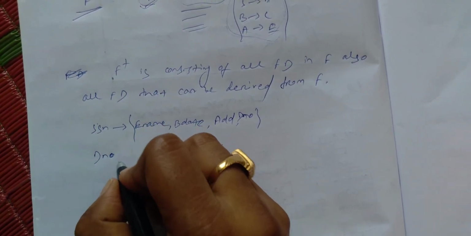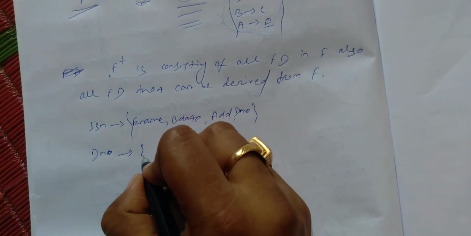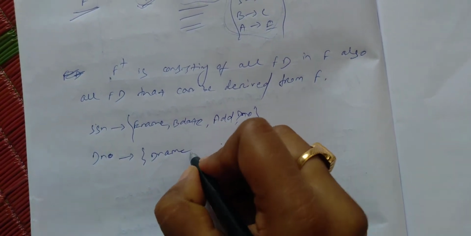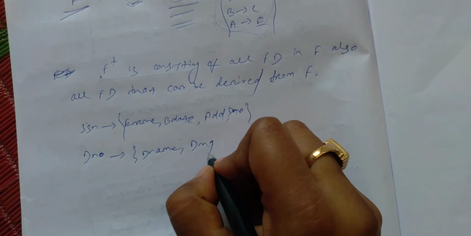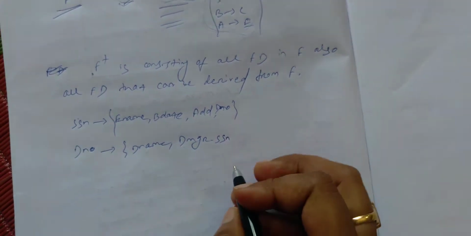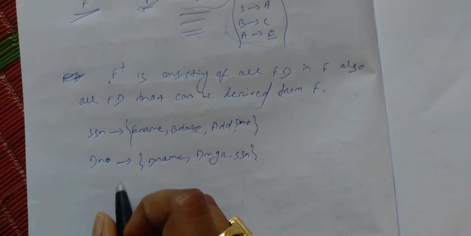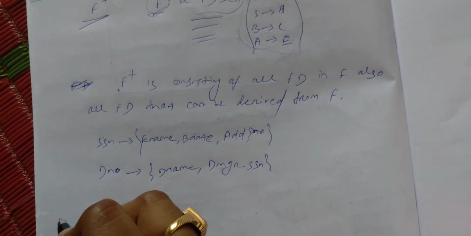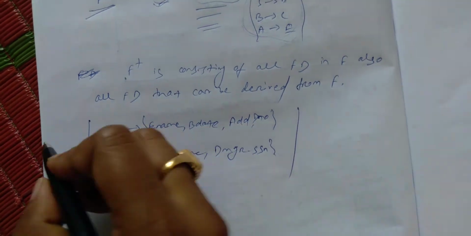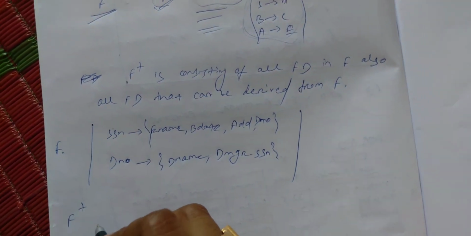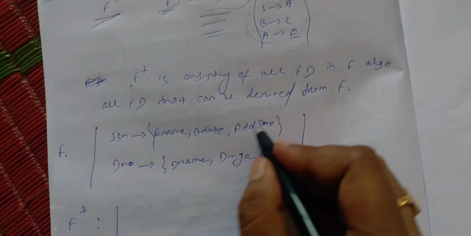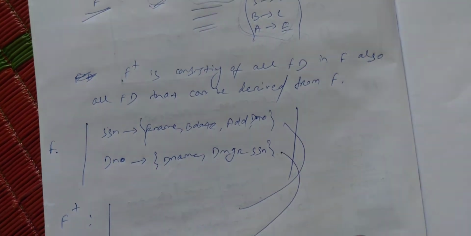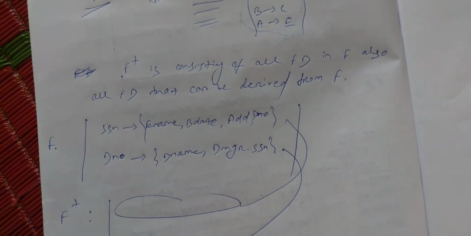Then D number determines D name, manager number. So these are the two functional dependencies. Say this is my F. Then F plus will contain these two; these two will again be there.